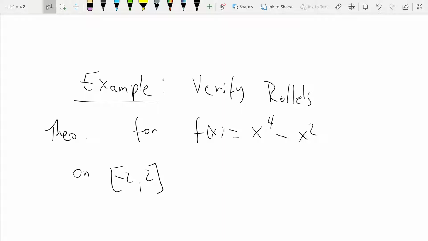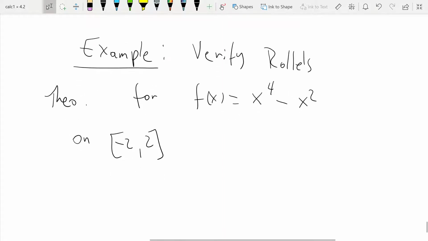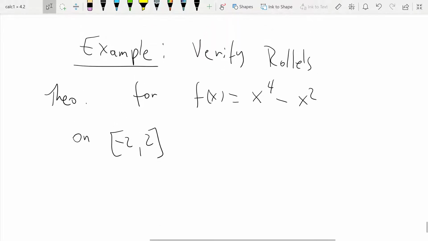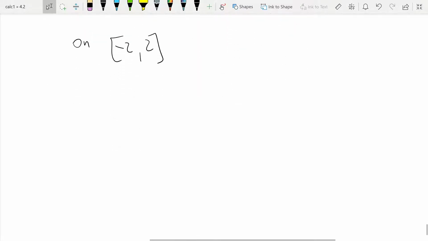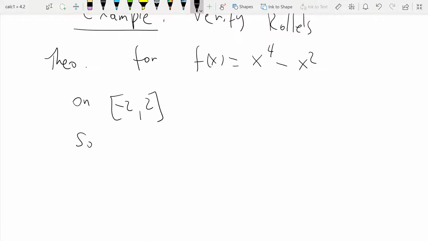You're asked to find that point if, of course, the hypothesis of Rolle's theorem are satisfied. So what is the solution? First, we need to check that the hypothesis of Rolle's theorem are met. So check the hypothesis.